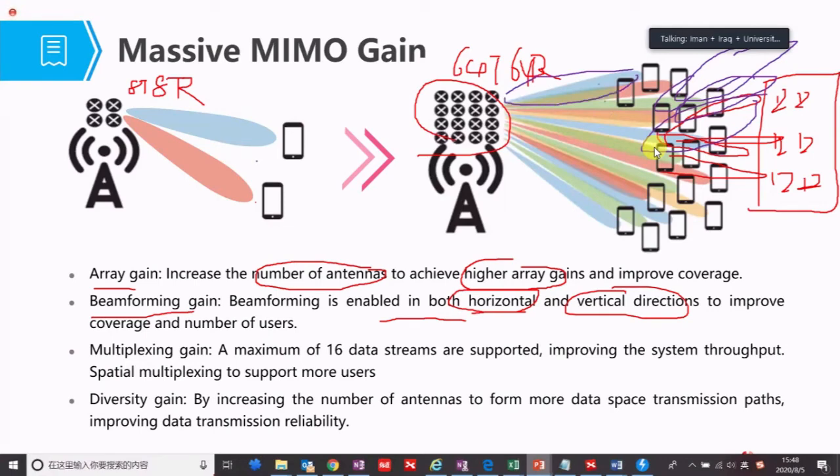Yes, that's my question. You mean maybe this B1 and B2 may cause interference? Yes. No, it does not cause interference, because each beam is focused on one direction.